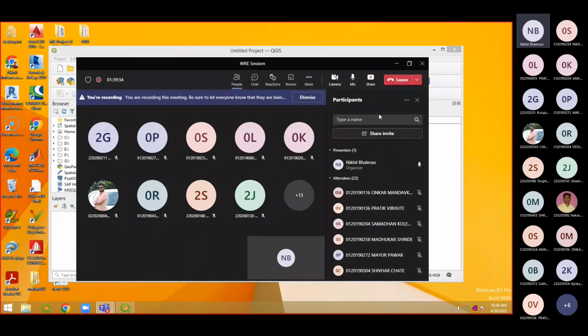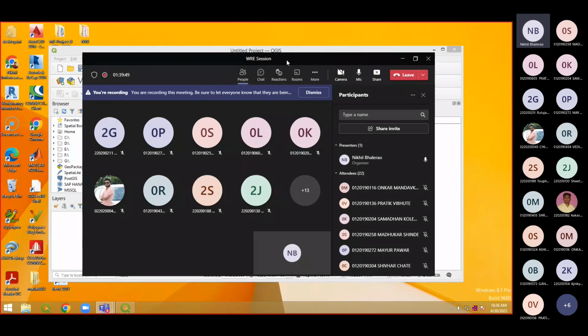I will share that recorded video with you so that you can go through this demonstration of how the watershed is delineated using QGIS. This is just because of the technical issue of sharing the screen on the MS Teams platform. So please excuse that, but definitely I will share the recorded demonstration video with you within the next half an hour.